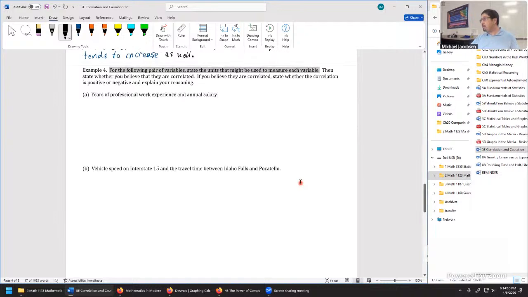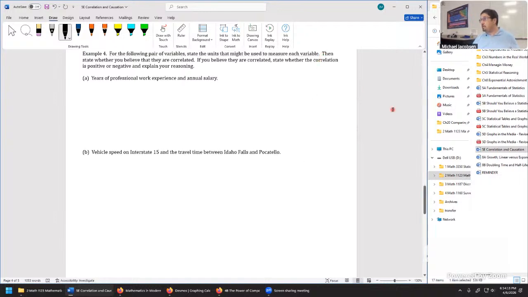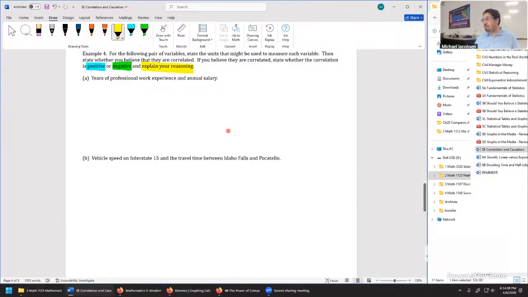So we're going to say what the unit might be to measure each variable, then state whether you believe they are correlated. If they are correlated, state whether the correlation is going to be positive, like in the last example, or negative, like in example 1. The challenging thing here is after we determine whether we think they're positive or negative correlated, we have to explain our reasoning as well to support why we chose that direction.